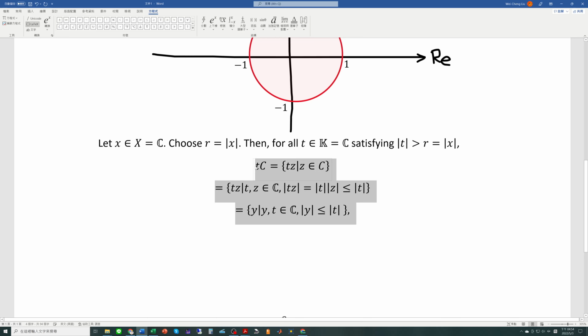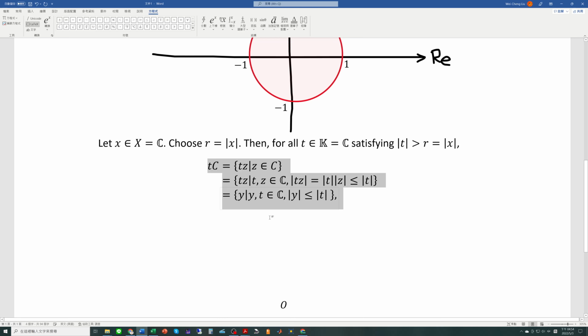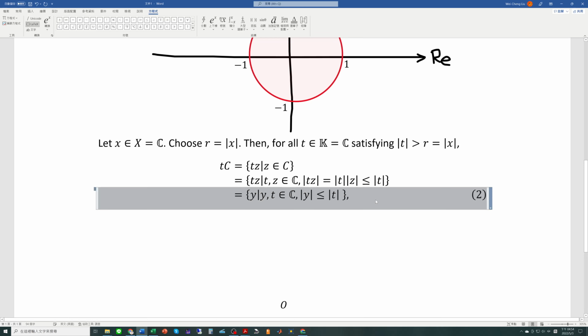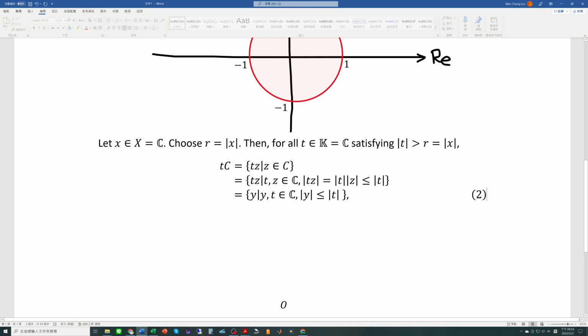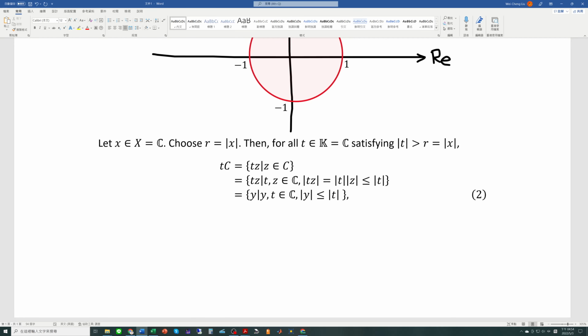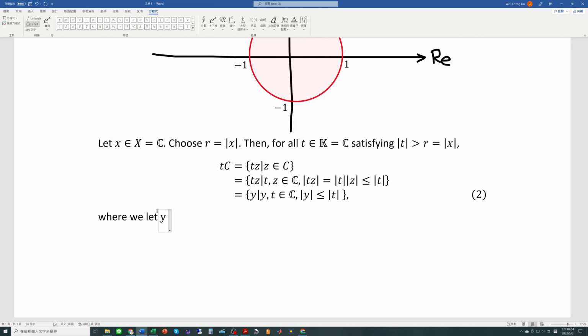Let me align at the equality sign. Good. And this should be equation 2, where we let y be equal to tz.